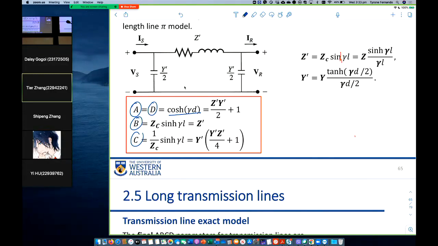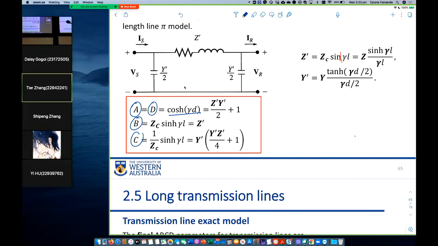C for the medium length transmission line was Y times YZ on 4 plus 1. So for the ABCD matrices for the long length transmission line, what we've done is we changed the Z and Y to Z dash and Y dash. So we just modified Z and Y. Otherwise, the form is the same.